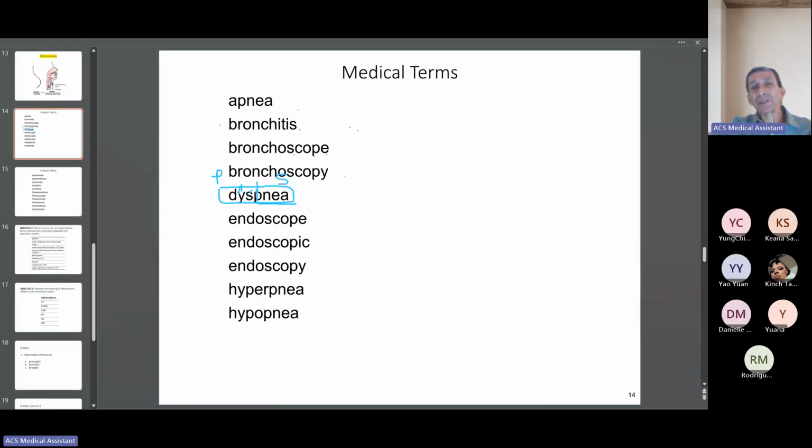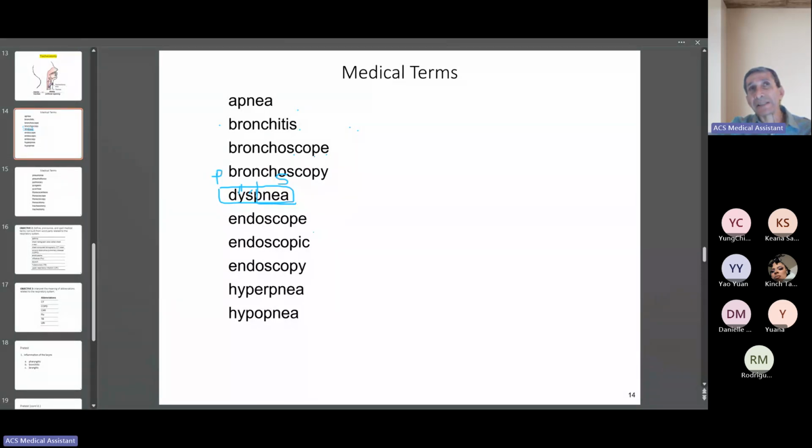If the patient has problems breathing, we call it difficulty breathing. The patient is having difficulty breathing or abnormal breathing. We can say painful breathing, but if you're not having pain, we cannot use it. But we can say, oh, the patient is having difficulties breathing. You know, I have problems breathing. I can't breathe normally. So that's called dyspnea.